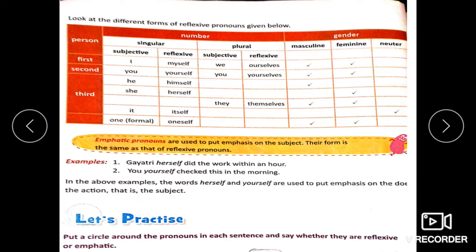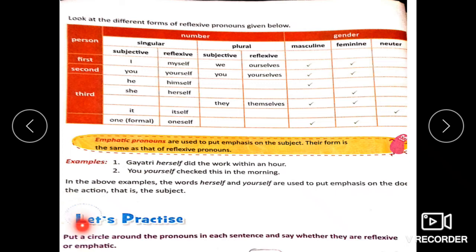Demonstrative pronouns and demonstrative adjectives are really important. You need to know the differences, and for emphatic pronouns and reflexive pronouns as well. It's better if you can write and practice, that will make it even clearer to you. Reflexive pronouns refer to both subject and object, whereas emphatic pronouns emphasize only on the subject.